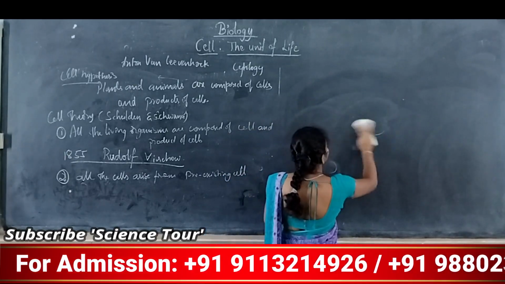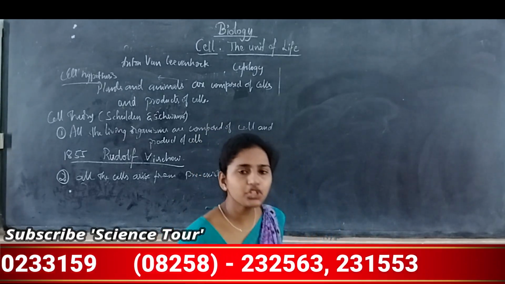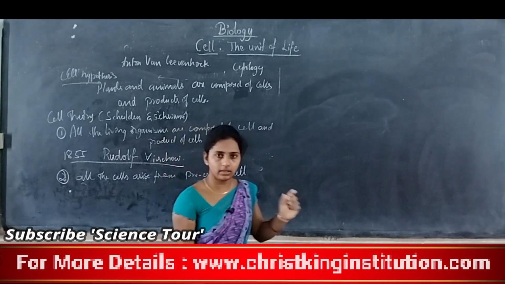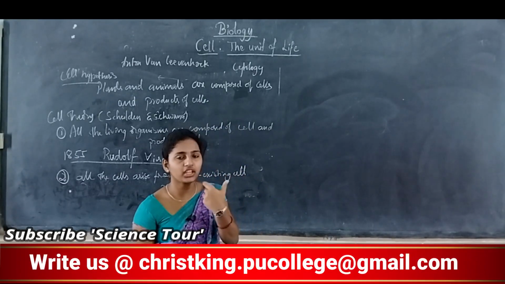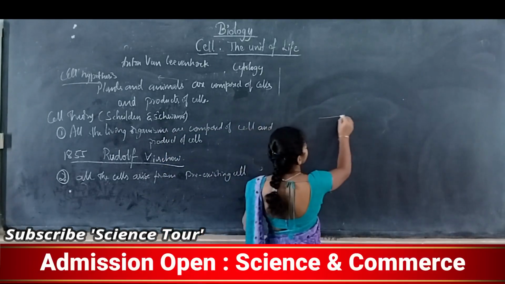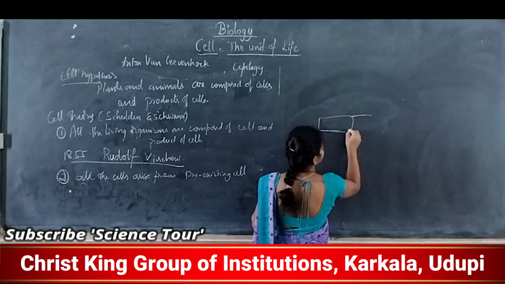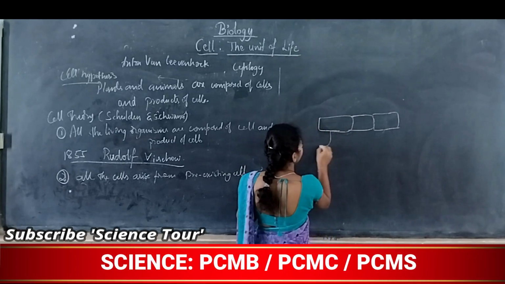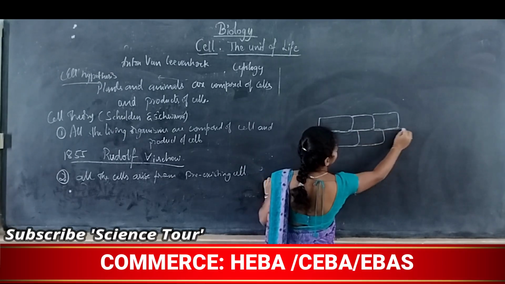The overview of the cell. Initially, in your lower classes, you have observed onion peel and human cheek cells, scraping the inside of the cheek and observing the cells. How do the cells look? How does an onion peel cell look? You can see brick-like cells, arranged like bricks. You can observe the arrangement of the cells like this.